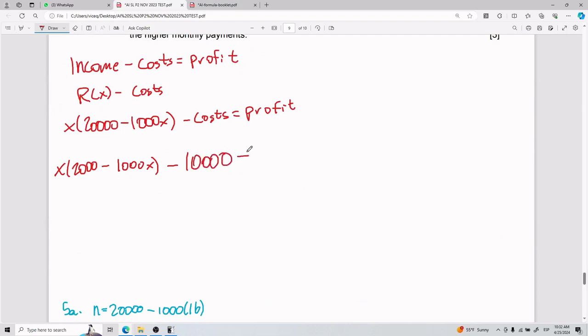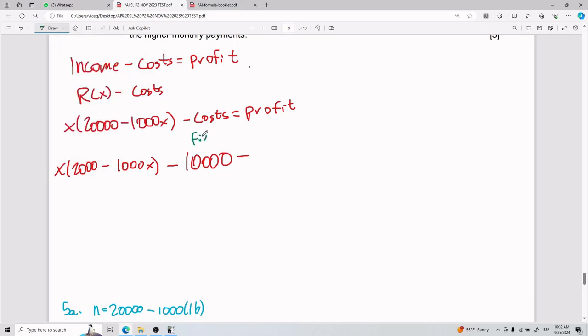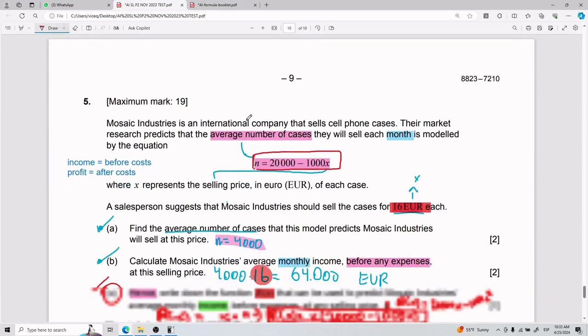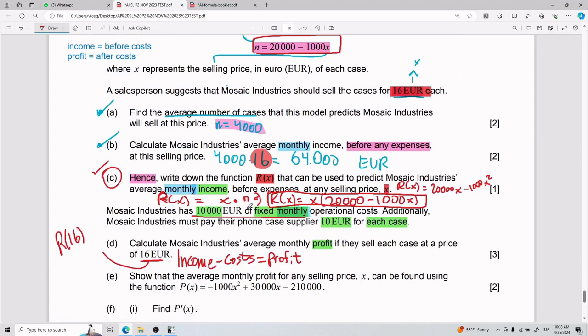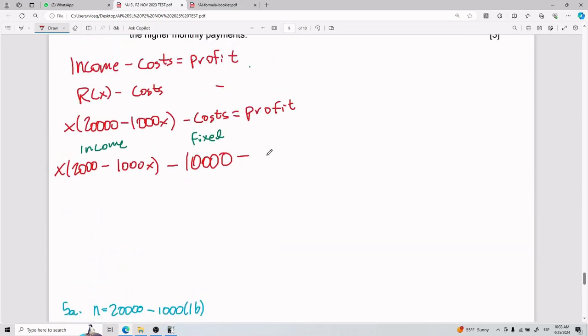And your other cost, which is why I'm going to be doing it negative, because you're subtracting from your income, you're losing money. So one of them is this fixed 10,000. I'm going to put that up here just so we don't forget. So this is fixed. This right here is just income, this whole thing. And the other one we need to do is the per case cost. They tell you that they must pay their phone supplier 10 euros for each case. So technically, here I can put you pay 10 per case, 10 times n.